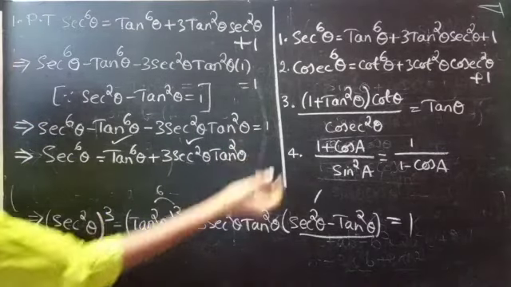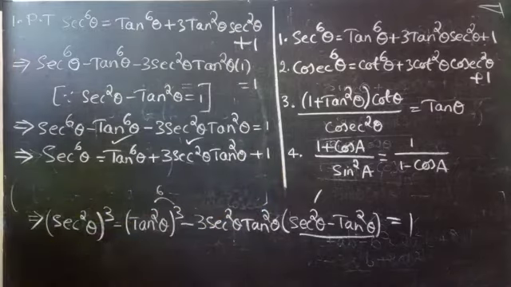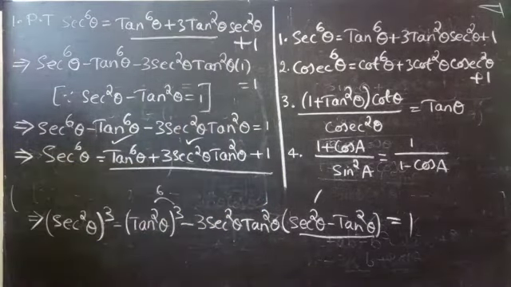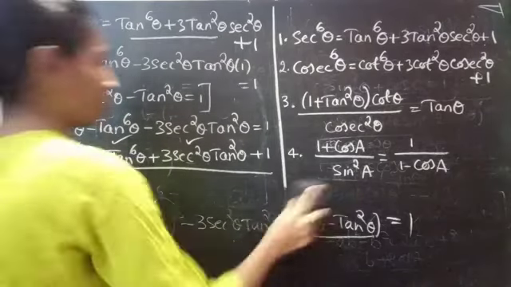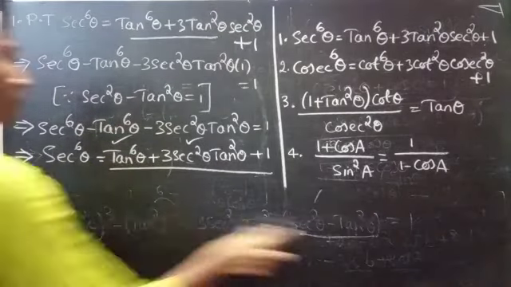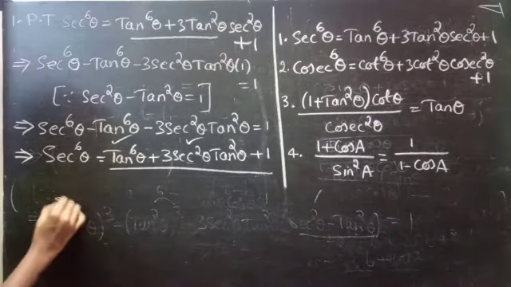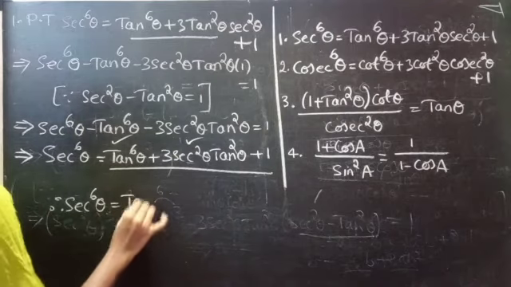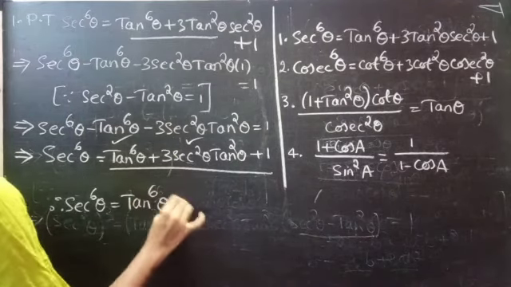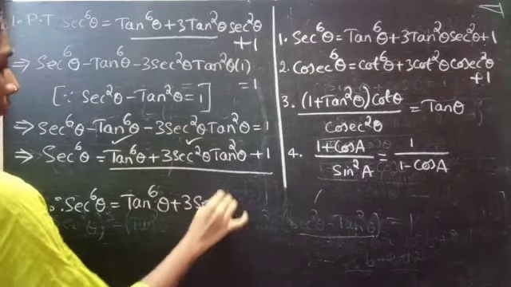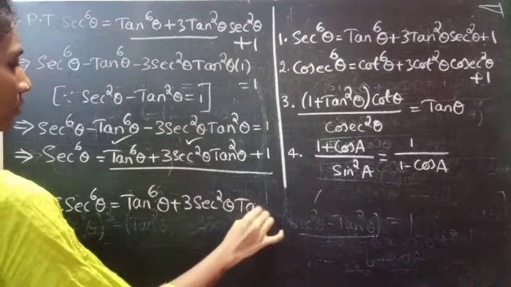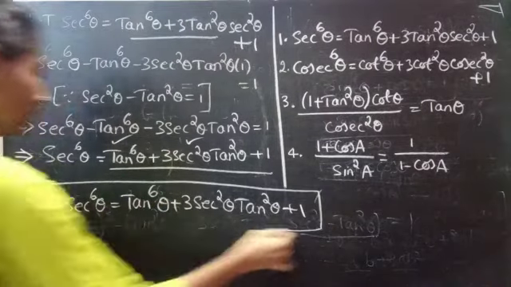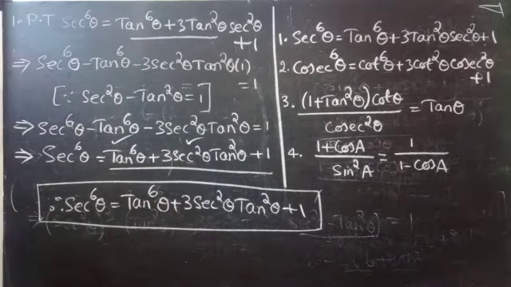Already you're having plus 1 in the RHS. Okay. So you got the required RHS. So therefore, secant power 6 theta equals to tan power 6 theta plus 3 secant square theta into tan square theta plus 1. So this completes the first identity. Okay.